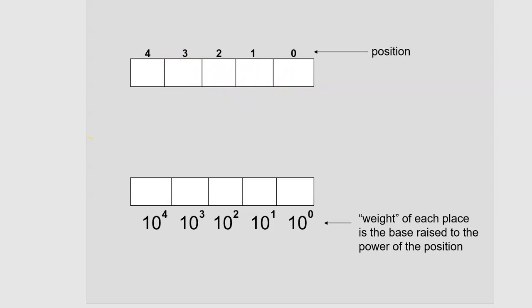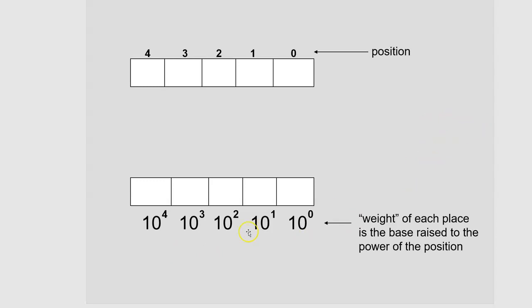If I have 1024, imagine in these boxes 1, 0, 2, 4. What that means is the 1 here, that means I have one of these things. 10 to the third is 1,000. So I got 1 times 1,000. That has a value of 1,000. So imagine I have 1,000.